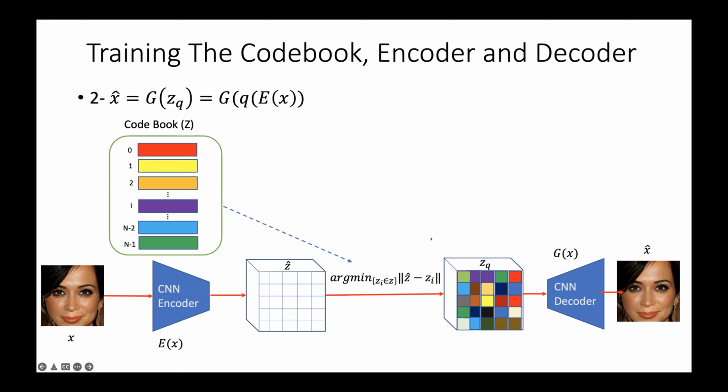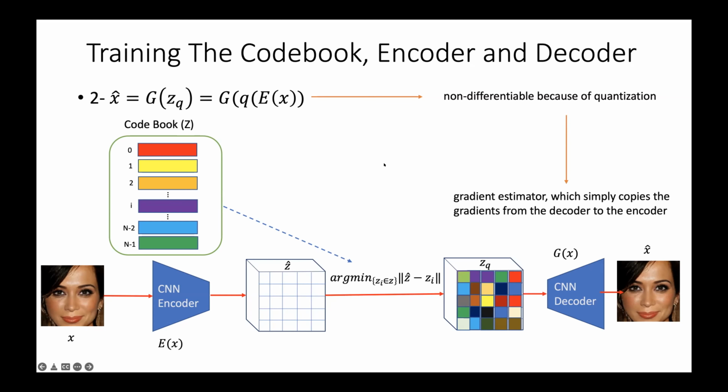As you see, the quantization function is not differentiable. So what they need to do is to estimate the gradients, which is simply done by copying the gradient from the CNN decoder to the CNN encoder.